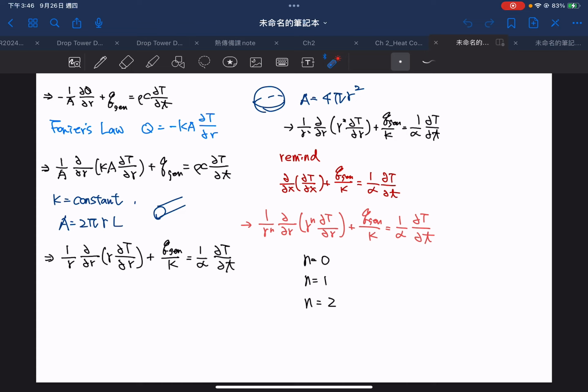If you're talking about a constant coordinate, then n will be 0, and you substitute the r with x. If it's a cylinder coordinate, then n will equal 1, and you keep the r as r. Then the spherical will be 2. So this will be the general heat equation which can adapt to different situations.